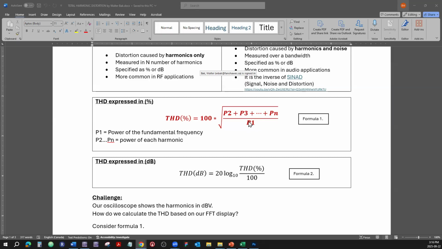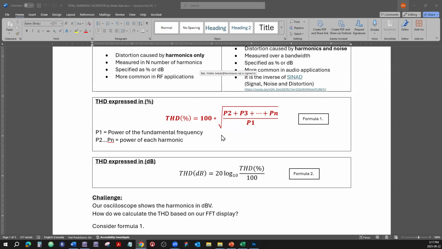Over the power of the fundamental frequency, take a square root of the sum of those divided by the power of the fundamental, and that's going to give us a fraction number, and if we multiply that by 100, it's going to give us the percentage number.